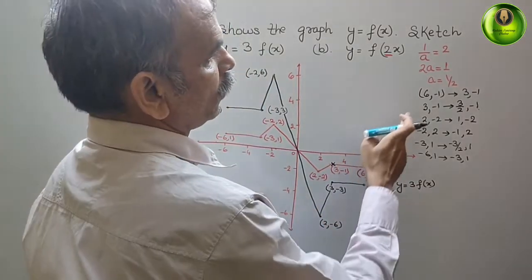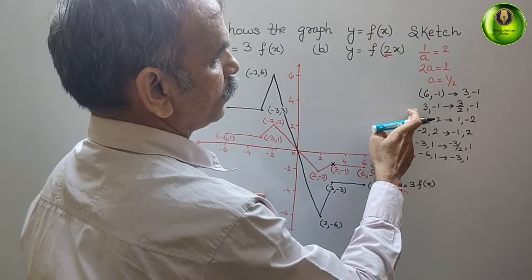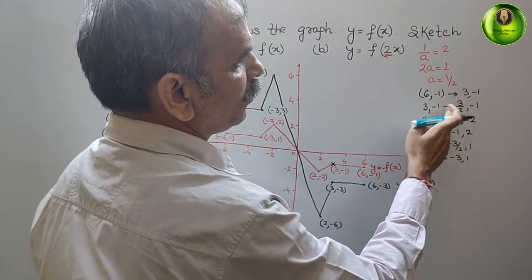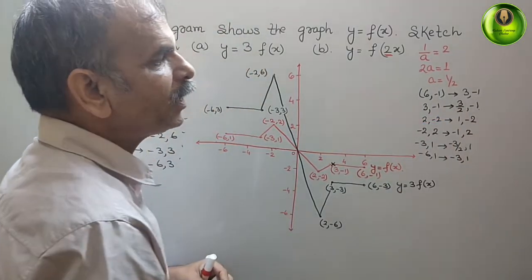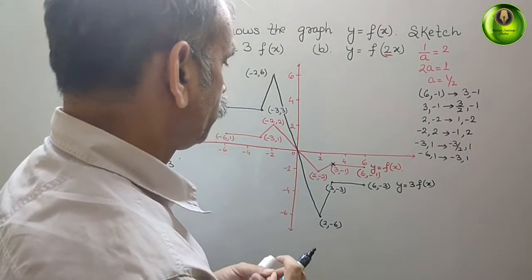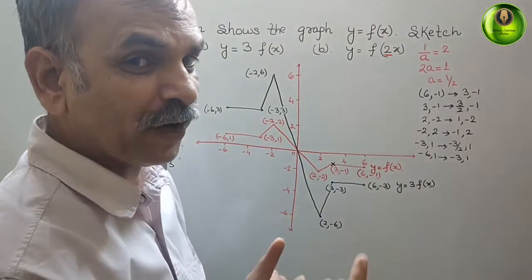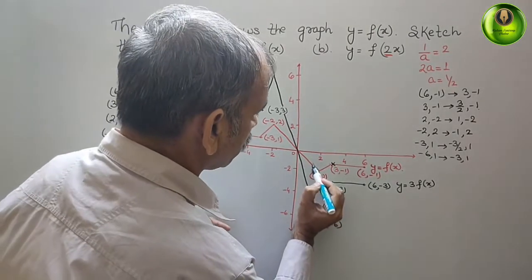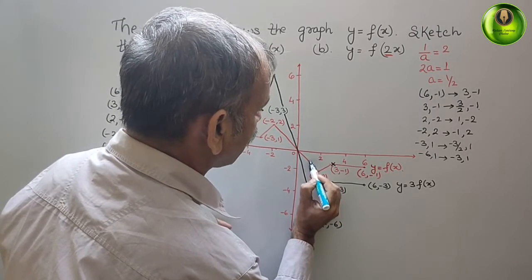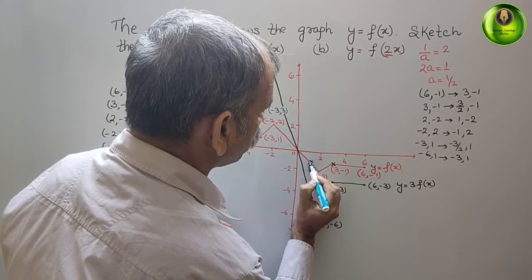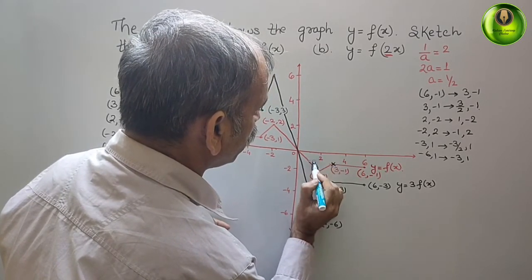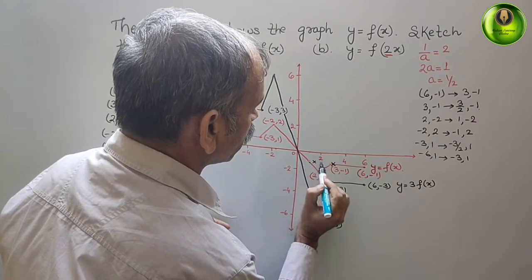Next, we have to make 3 by 2 comma minus 1. 3 by 2 is 1.5, so 1.5 comma minus 1 will be here.